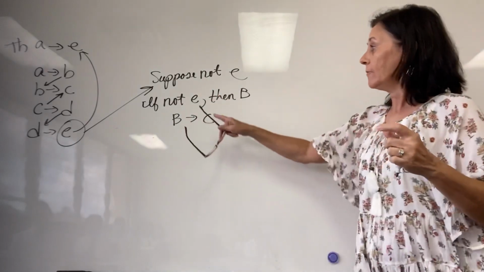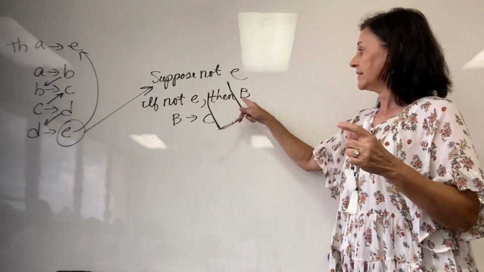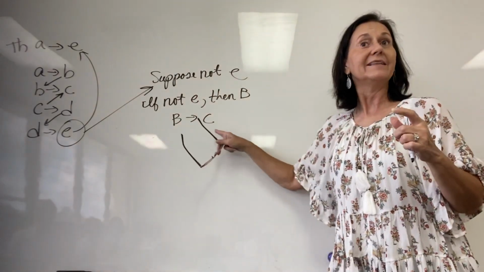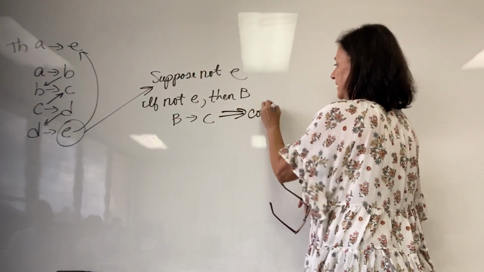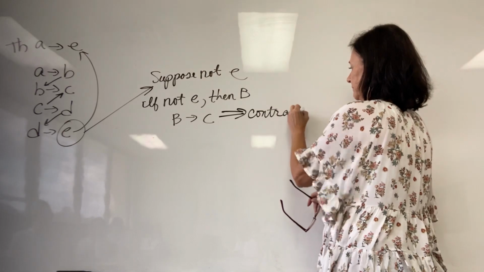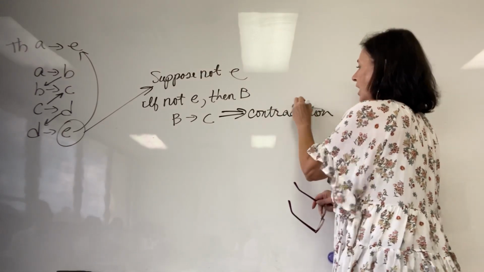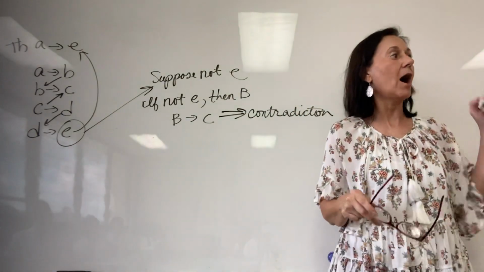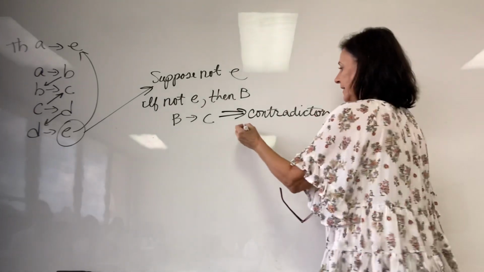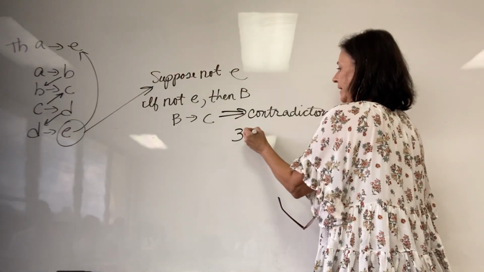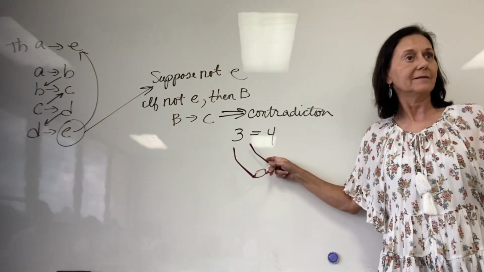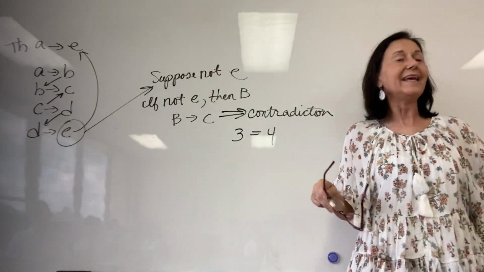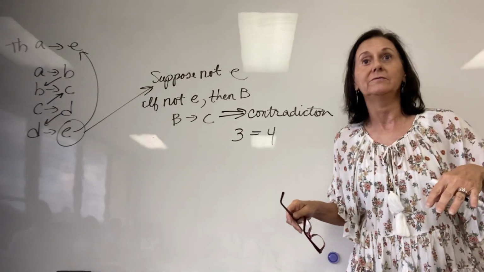So you go, suppose not E, if not E, then B. If B, then C. And let's suppose this is a contradiction. A contradiction is a premise that cannot be true. What's a premise that cannot be true? 3 equals 4. That's a contradiction, right? Or 3 is an even number.